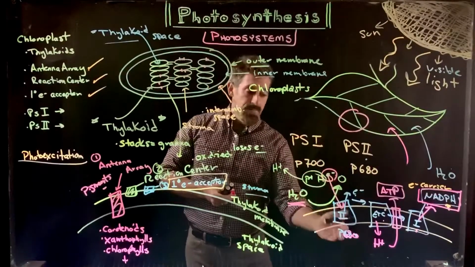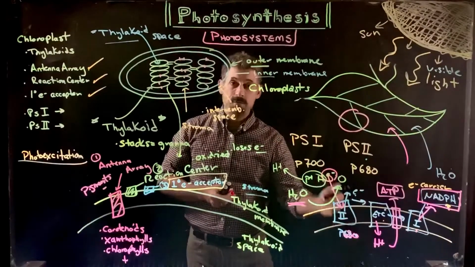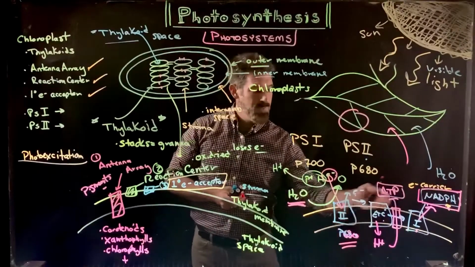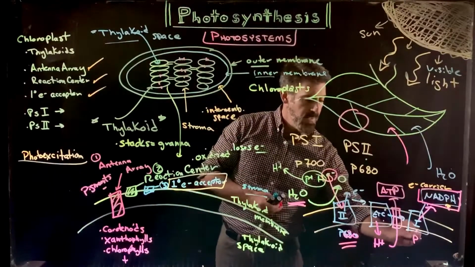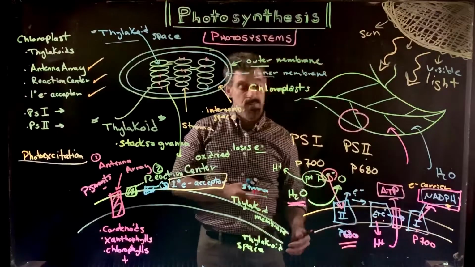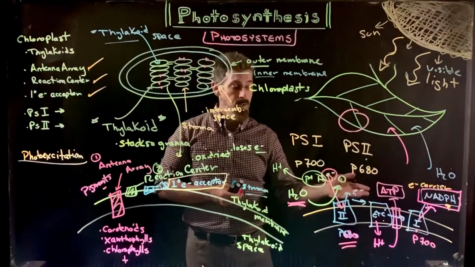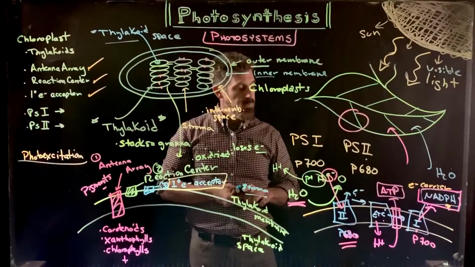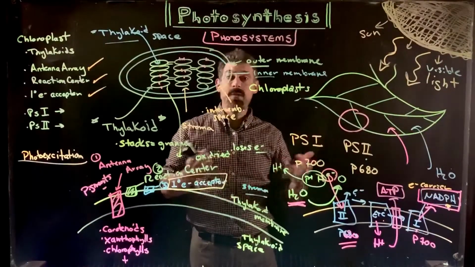But the first photosystem, which in this case is called photosystem 2, it might be easier if you just remember it as P680 and P700, because the numbers are backwards. 2 comes before 1 in this particular case, just because of a naming issue and the timing of their discovery.